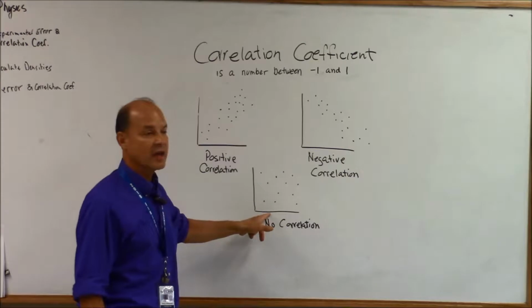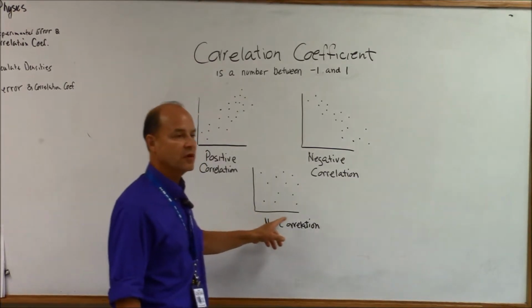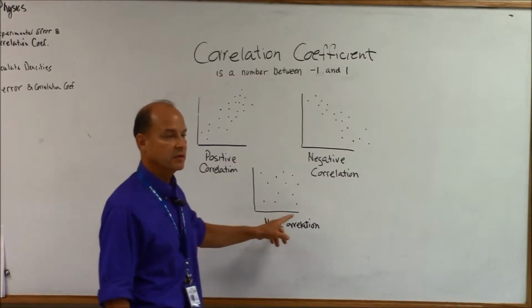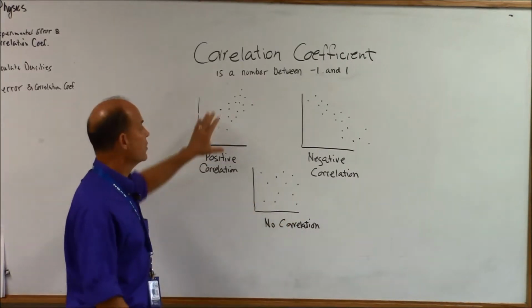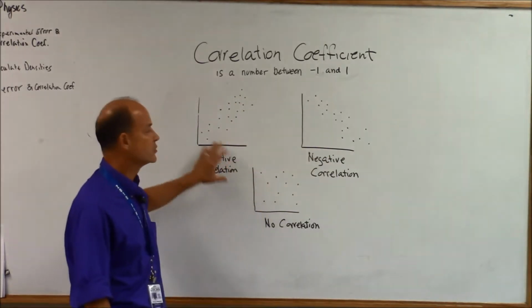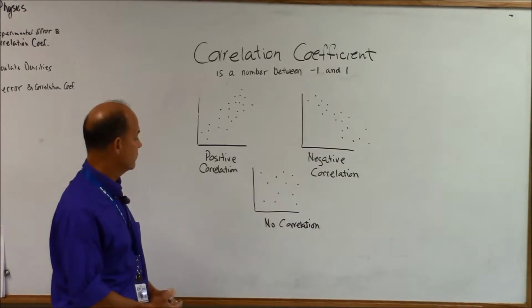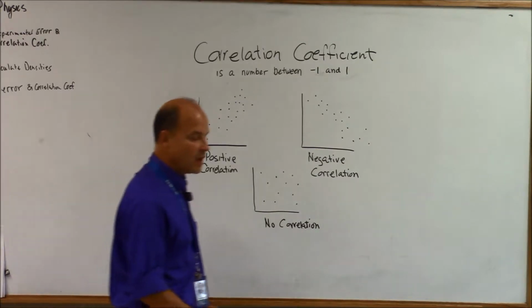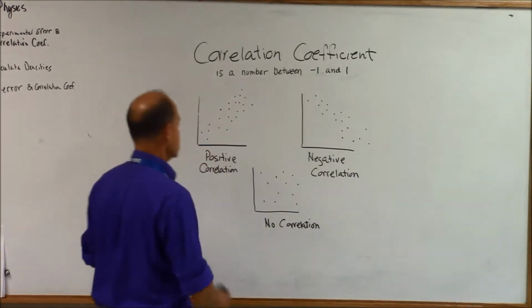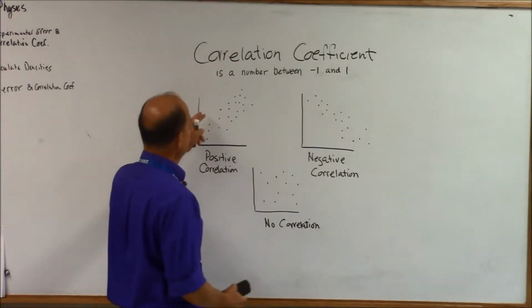Now, if you look at this data, you can't say one way or another whether there is a positive correlation or a negative correlation, right? So when you're thinking about whether correlation coefficient is positive or negative, just think about whether the slope of the line of best fit is positive or negative, and then you'll know. Now then, so positive, negative, no correlation.